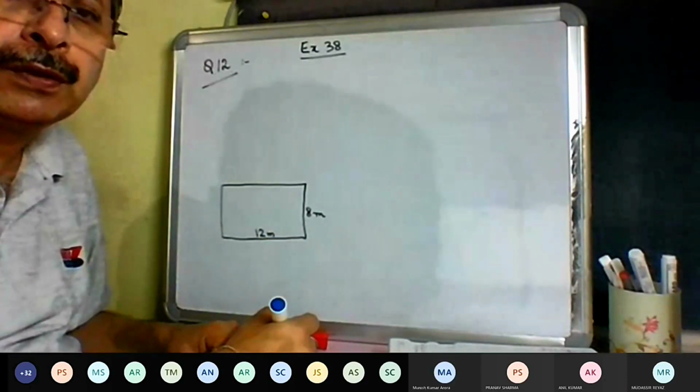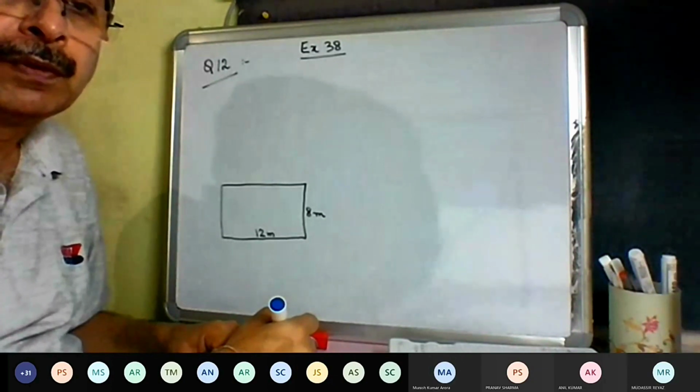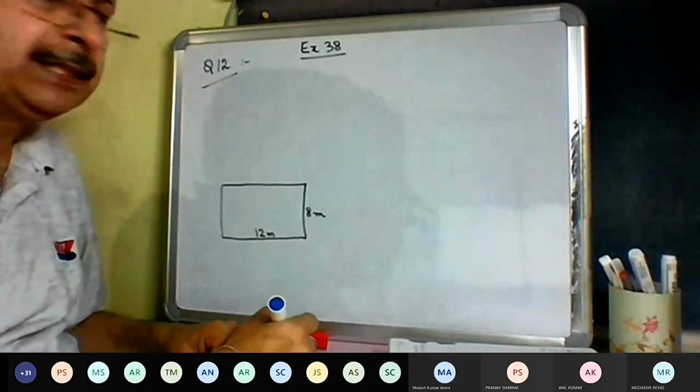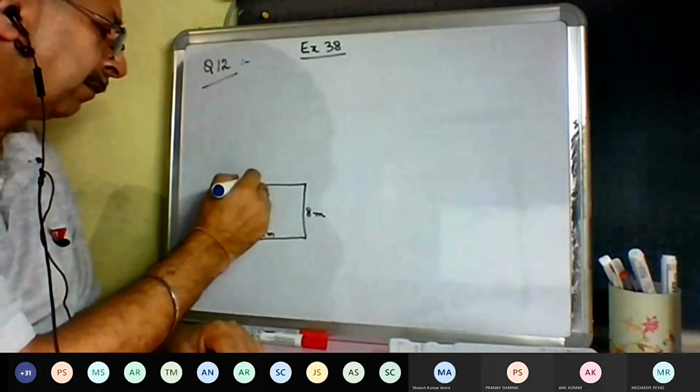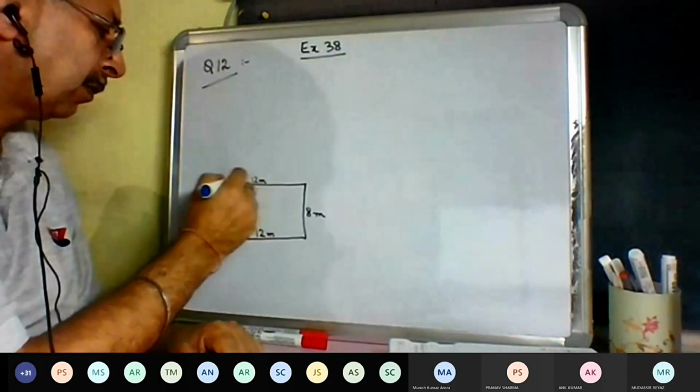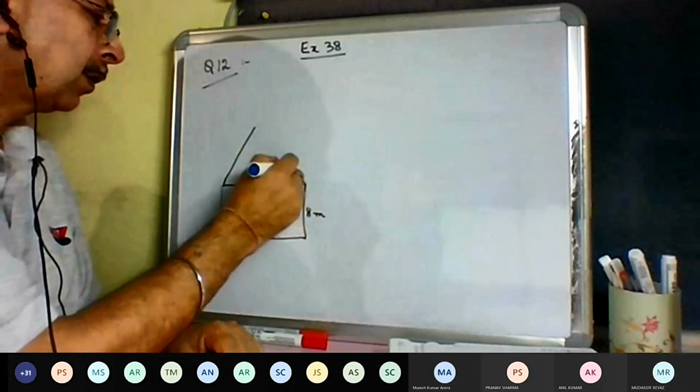And there is a triangle, isosceles triangle, which is 12 by 6 on top of it. So this is 12. This is 6.